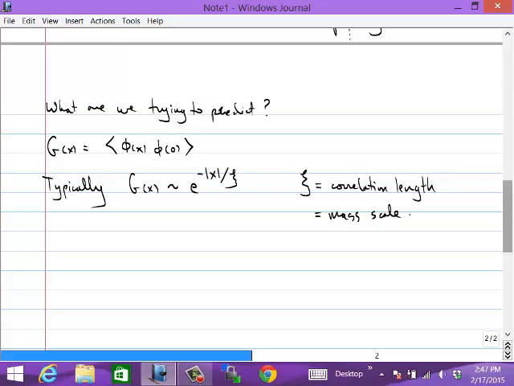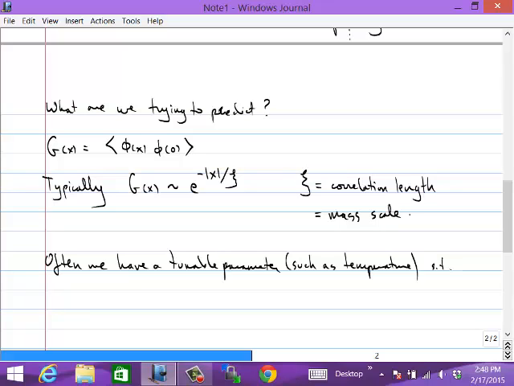What I'd like to do is consider a rather special situation where the theory has a tunable parameter and the theory has the property that as you take this tunable parameter to its critical value, so examples of such a tunable parameter would include temperature, or, for example, the doping parameter of some complicated material.